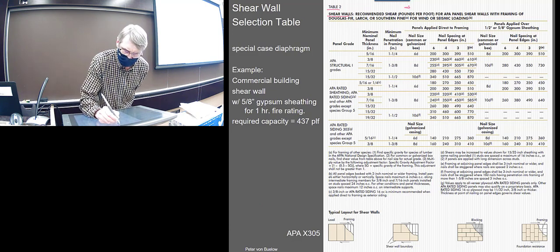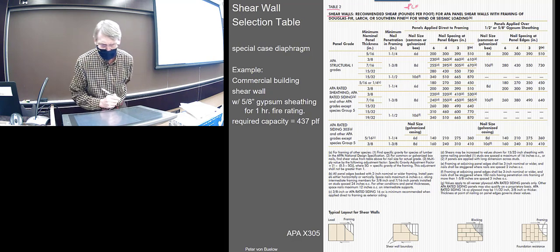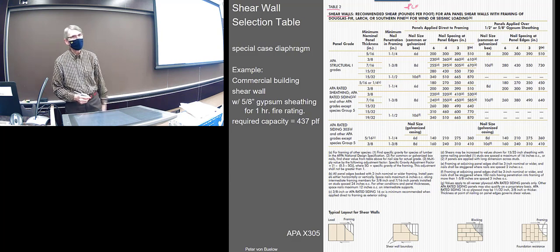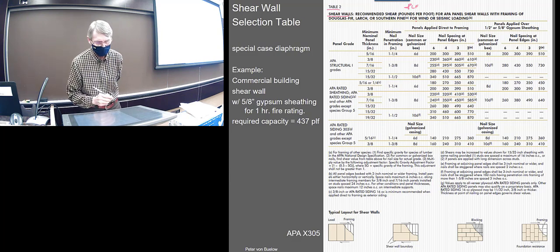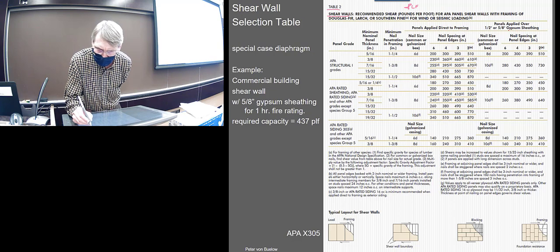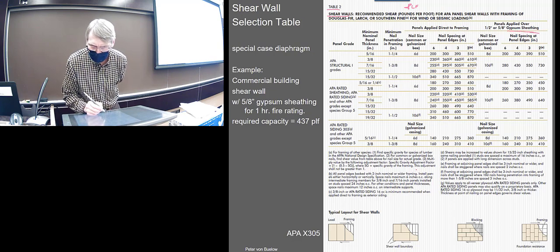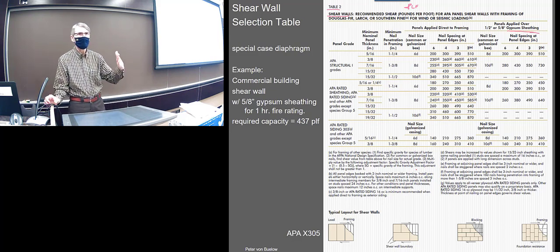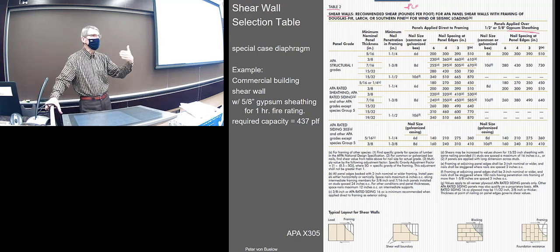Again, it's finding PLF for you, or I guess you give it the PLF and then choose the panel size and nailing that's able to do that. This table includes a situation where it's applied over gypsum sheathing, and they might use gypsum in there as a fire proof layer.